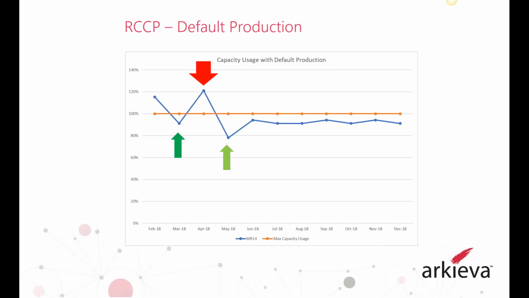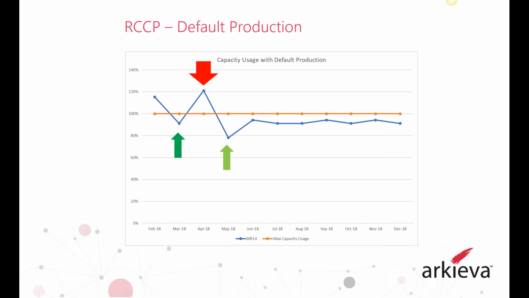The light green color on May, as opposed to the slightly darker green on March, simply represents the fact that if we move April's production to May, we might actually be in a position where we cannot meet all the demand on time. So that's why it's less optimal to move it to May compared to moving it to March.